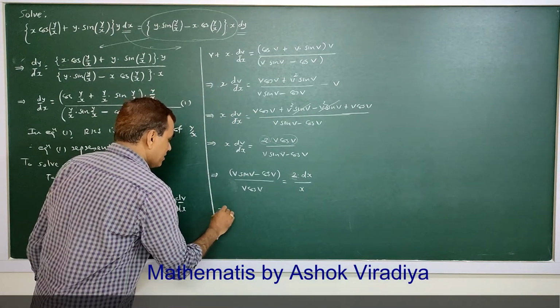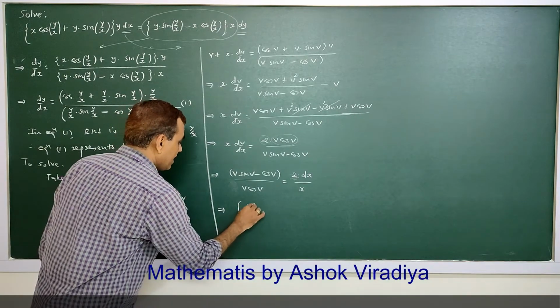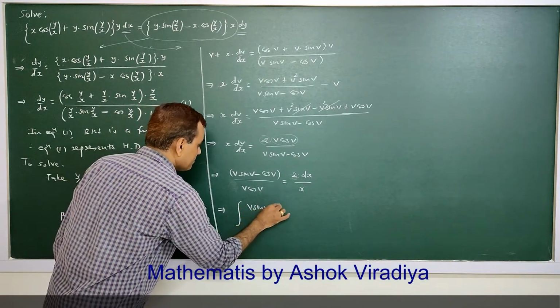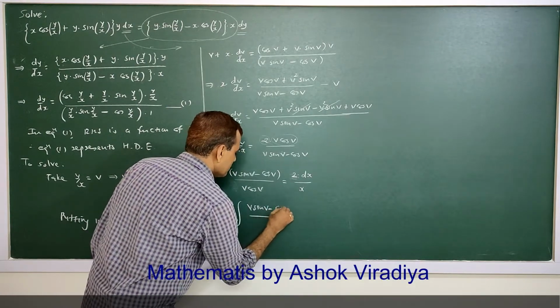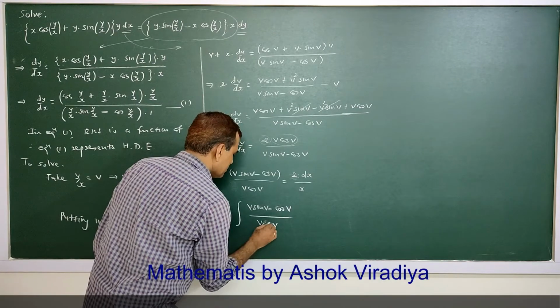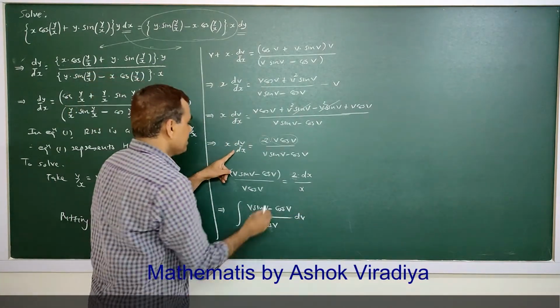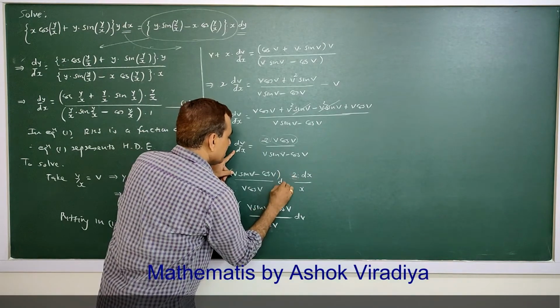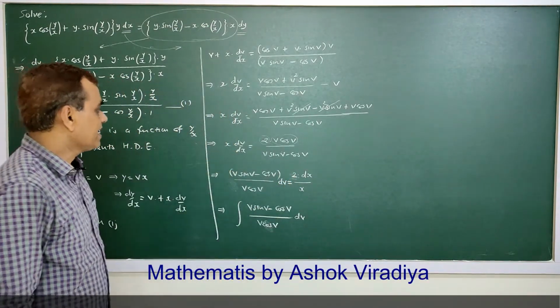So now, integrating on both sides, the integral of the LHS with respect to v. Here dv was missed.